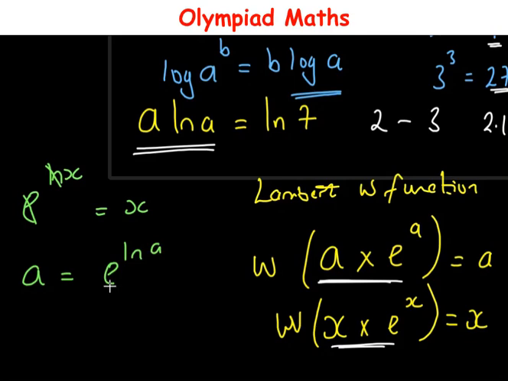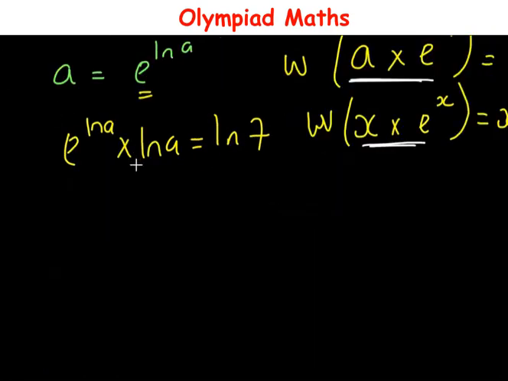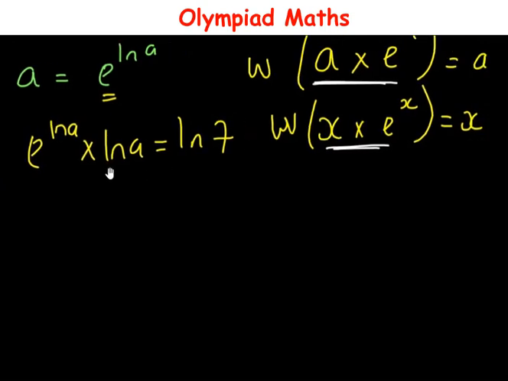So we can replace a with e to the power of ln a. This becomes e to the power of ln a times ln a is equal to ln 7. With this, we have made this to resemble this.